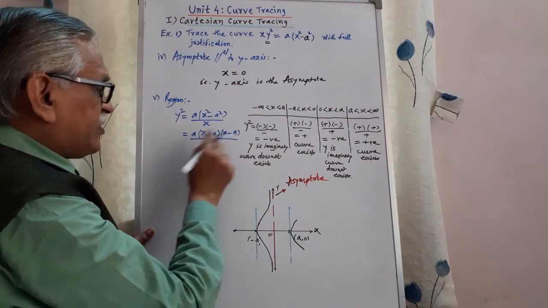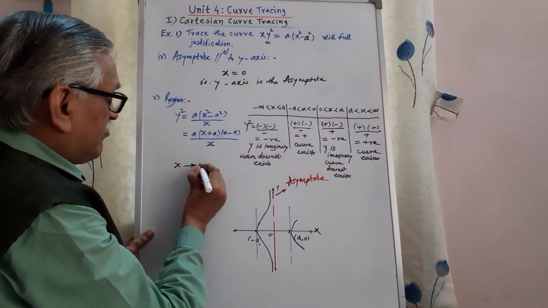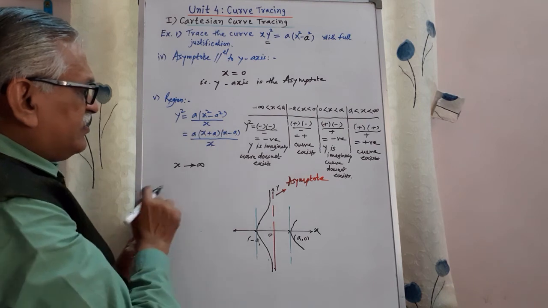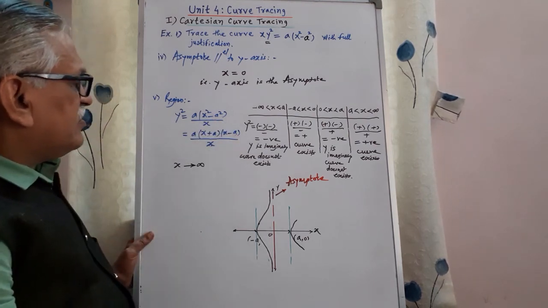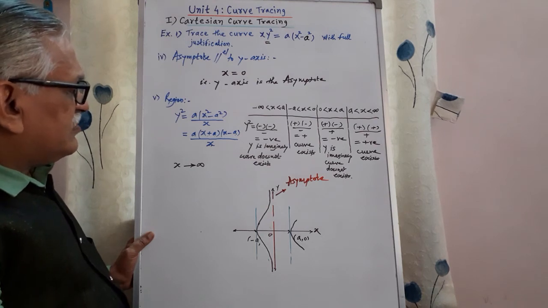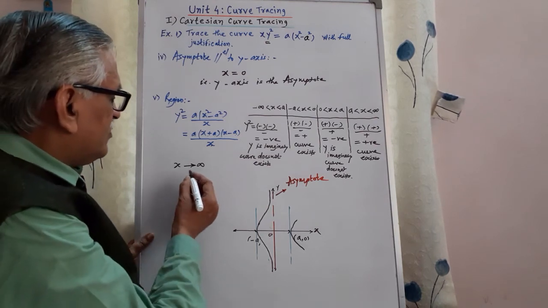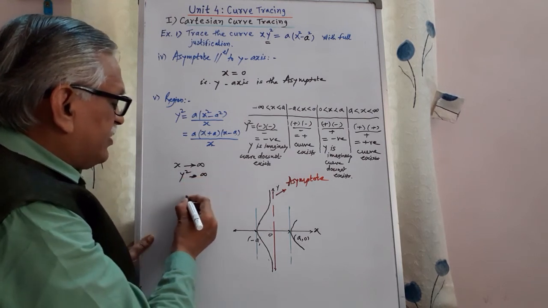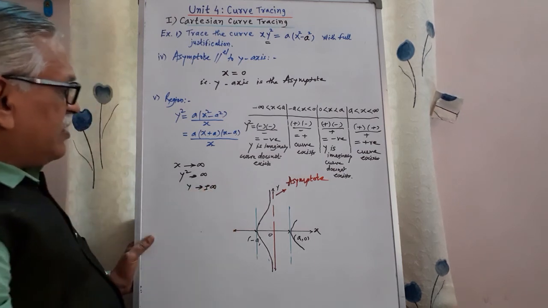What will happen as x tends to infinity? If x tends to infinity, this term becomes infinity. Y square tends to infinity, y tends to plus minus infinity.